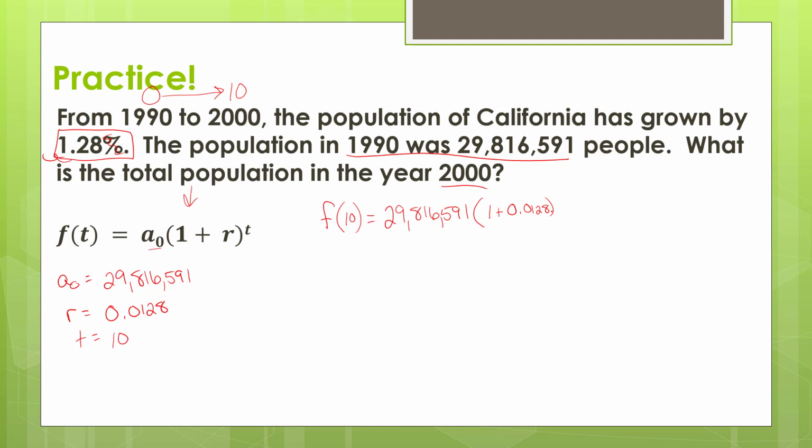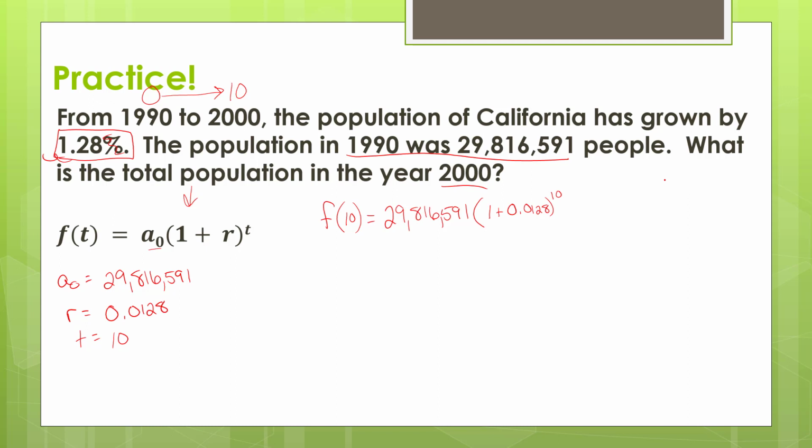And that's getting raised to the amount of time, the 10th power. Now, at this point, I'm fine with you using your calculator because these are rather messy exponents to multiply by themselves. And 29 million is a pretty large number, so you're probably going to want to use your calculator anyways, just to keep you from having to multiply out all these numbers.